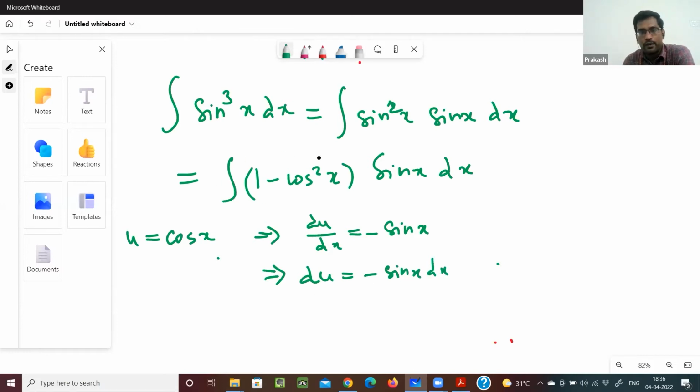Now we can substitute. Then the integral is the integral of 1 minus u square, because cos square x is nothing but u square, into sin x dx, which we already know.